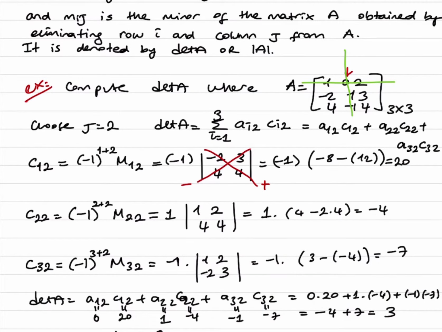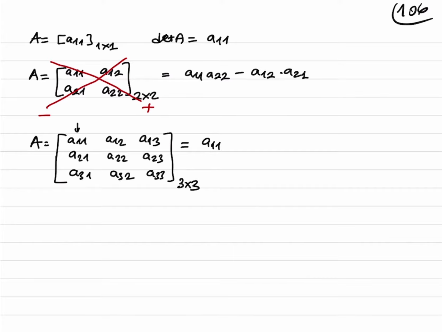But if we use the first column, we will have this formula: A11, and then we close first column, first row. So we are left with this matrix A22, A23, A32, A33.